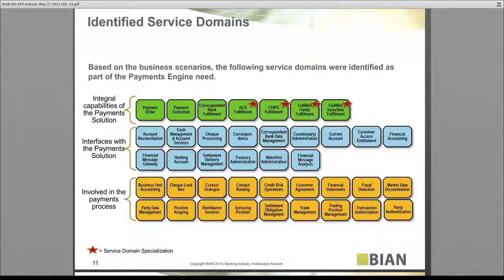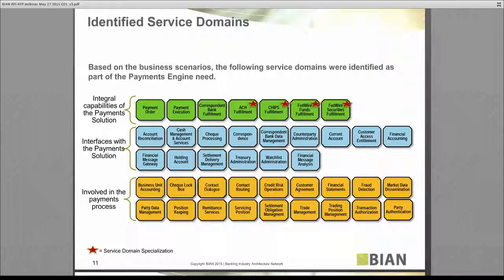One of the interesting things about BIAN is that it allows itself to be extended or specialized, if you will, based on organizational constructs, geopolitical constructs, etc. And so from a PNC perspective, we looked at these service domains and we decided that we wanted to specialize around them, and we wanted them to be in scope for what we were potentially going to consider in a vendor solution.